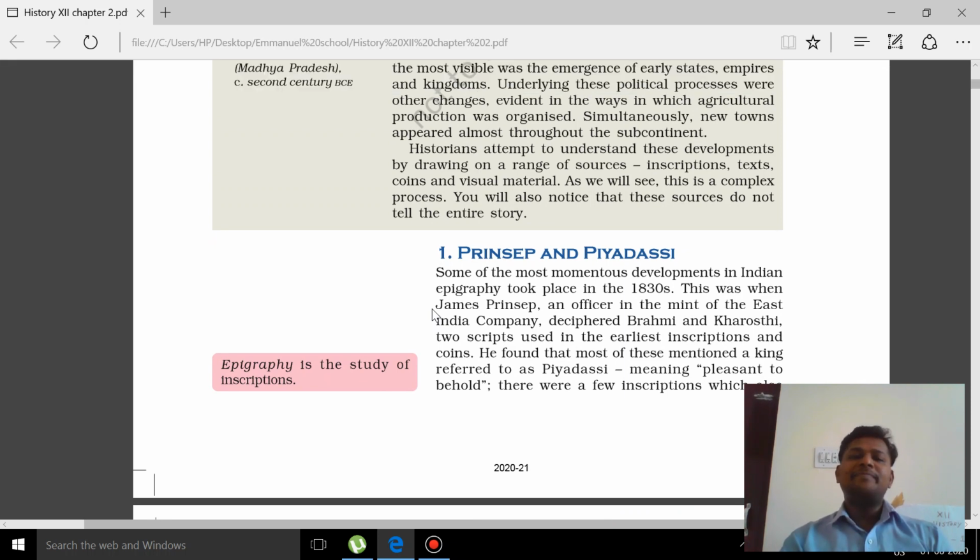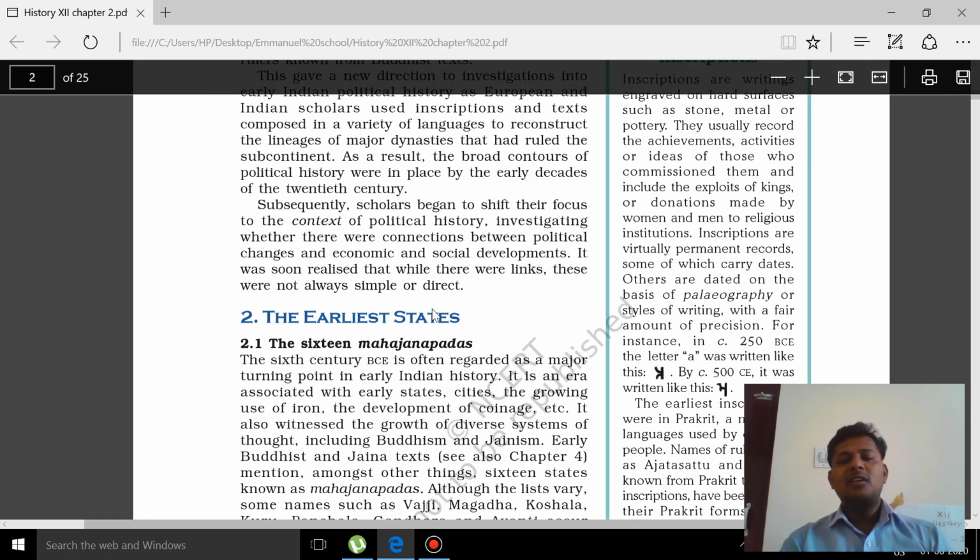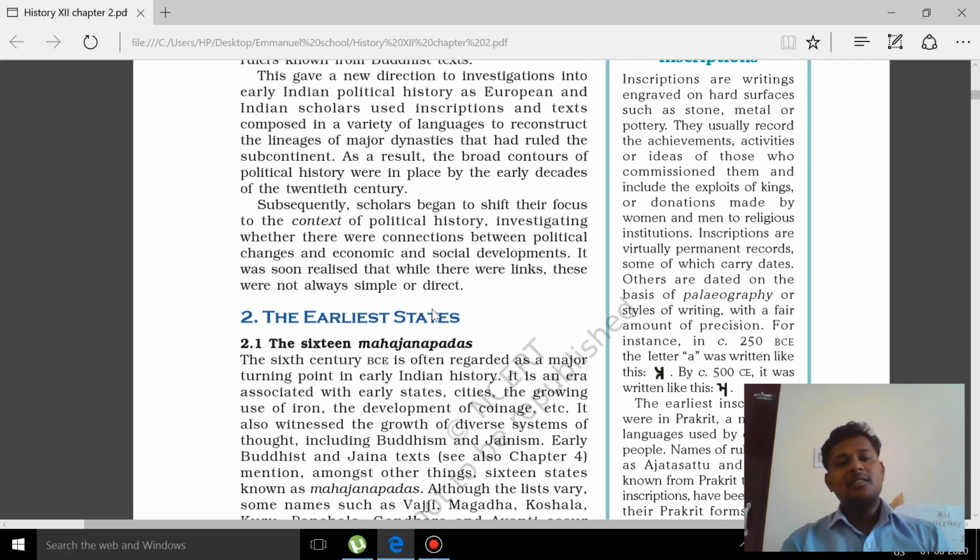Okay, fine. Before I wind up the lesson, let me tell you three important long answers and three important short answers from this lesson. The first important long answer is this: the 6th century BC is often regarded as the major turning point in early Indian history. Explain, elaborate, or comment. This is a long answer.